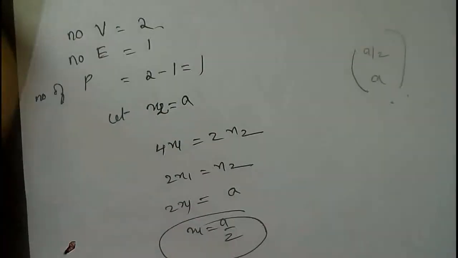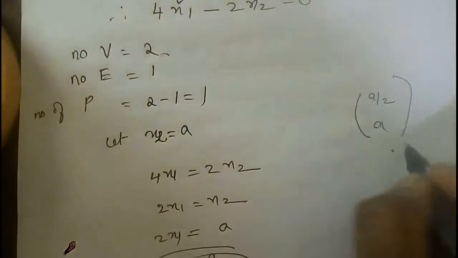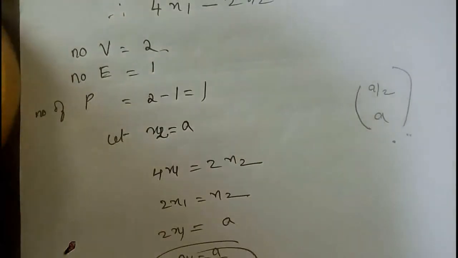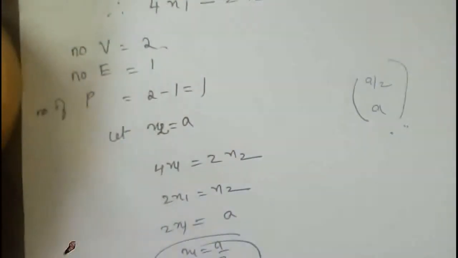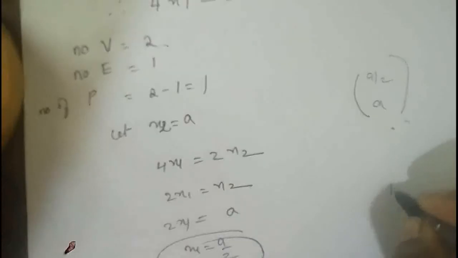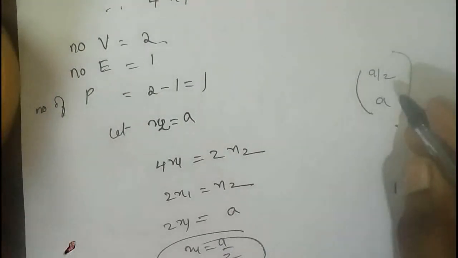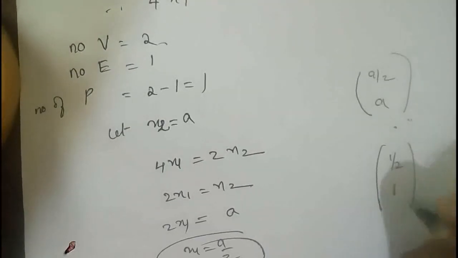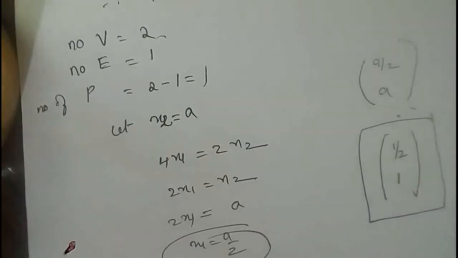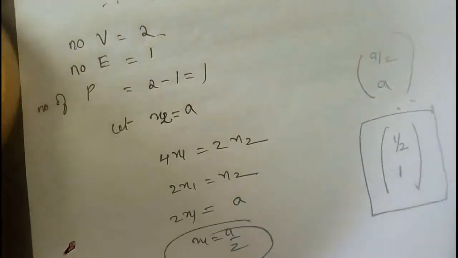This is the solution of this equation. So for our eigenvector we can take a equal to 1, x1 equal to 1 by 2. So our eigenvector is 1 by 2 and 1.